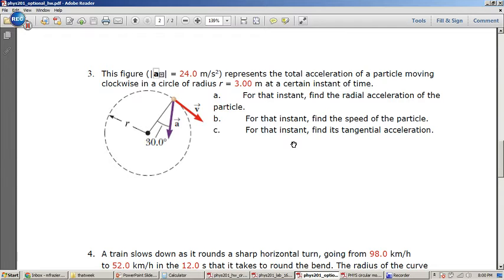So we give you the total. You just find the components of the acceleration based on this angle. The radial acceleration is the adjacent component, so it's cosine of theta, and the tangential acceleration is the opposite component, so it's sine of theta. So you're just finding the components there, and then once you have the radial acceleration, can you get the speed?